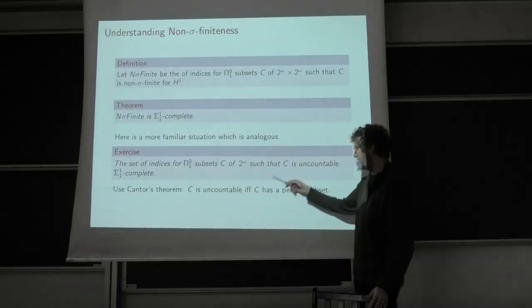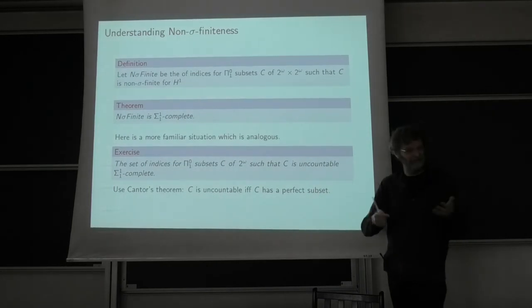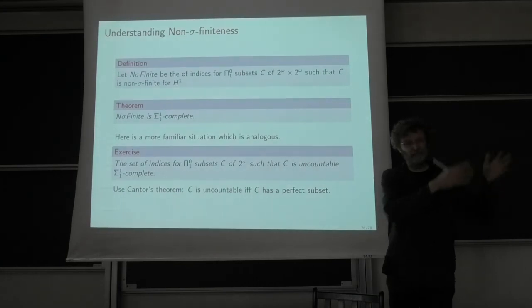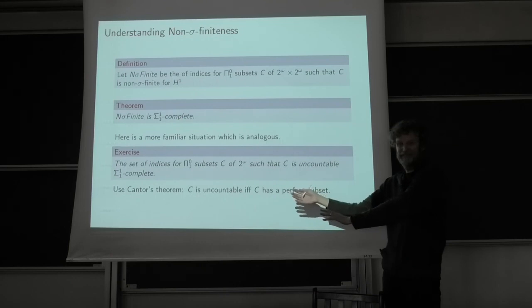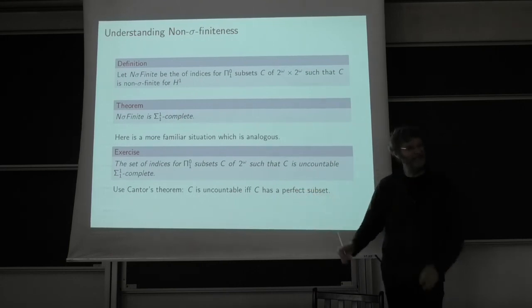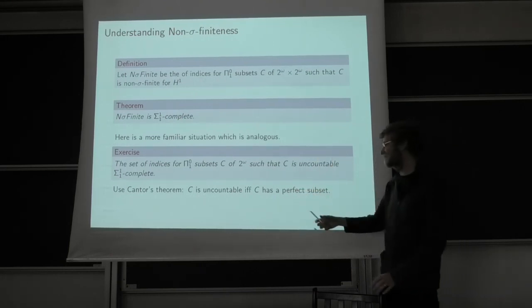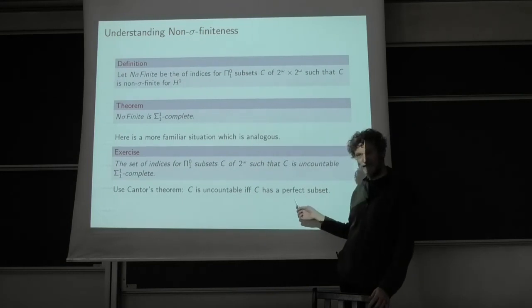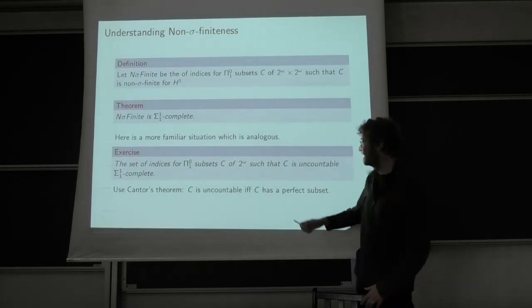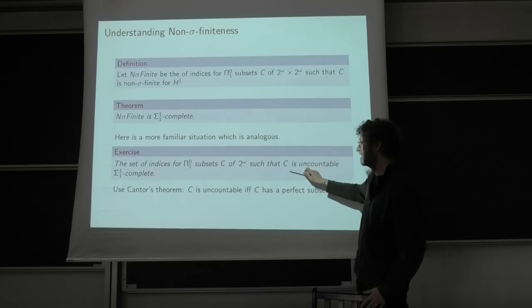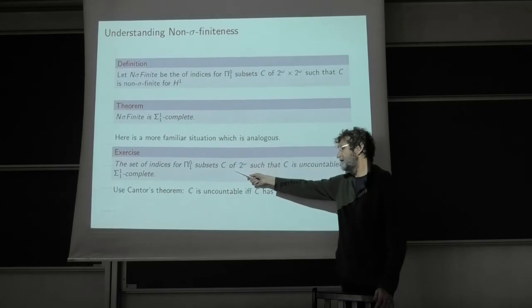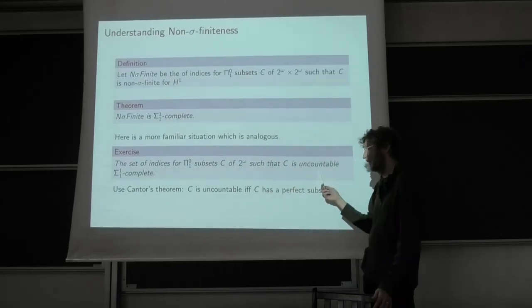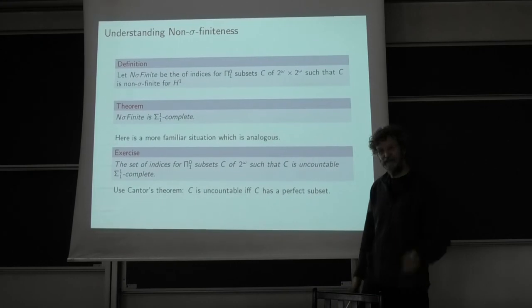Whereas on its face, being uncountable looks like it's not an existential fact. It's the negation of something. It says for all countable sequences of reals, there is an element of C. It looks like it's pi 1, 2. But actually there's a reduction. It's uncountable if and only if it has a perfect subset. That gives you that the set of codes for uncountable closed sets is sigma 1, 1.